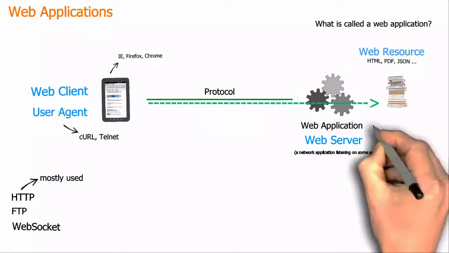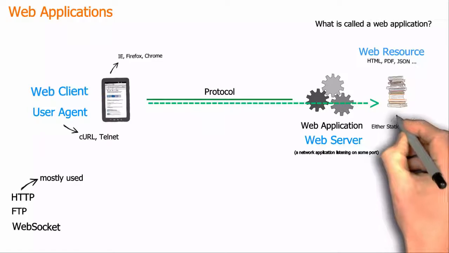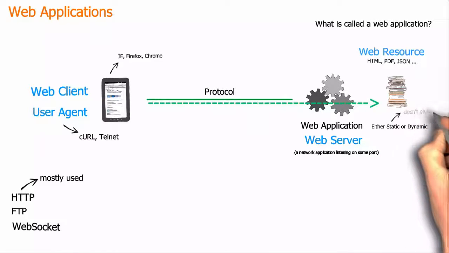A resource could be either static or dynamic. A resource which does not change is called a static resource. That means it's like some static file sitting on the web server's hard disk, or sitting somewhere which the web server has access to. And when a request for a resource comes from a web client, the web server passes that resource to the web client straight.